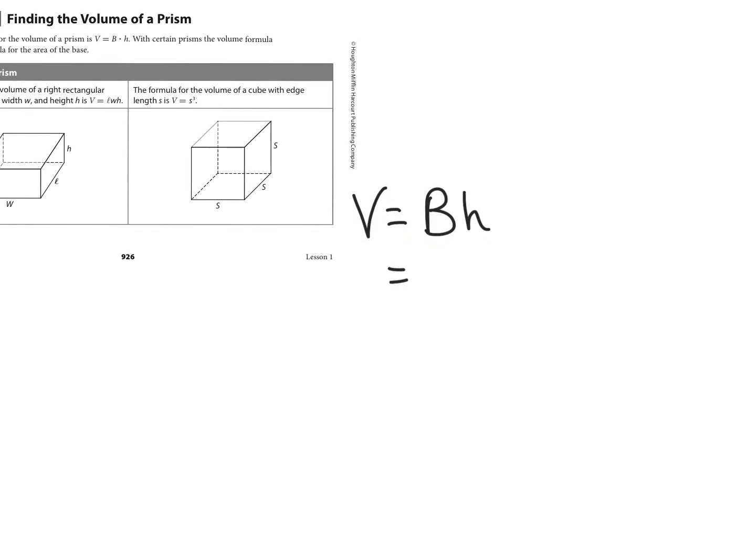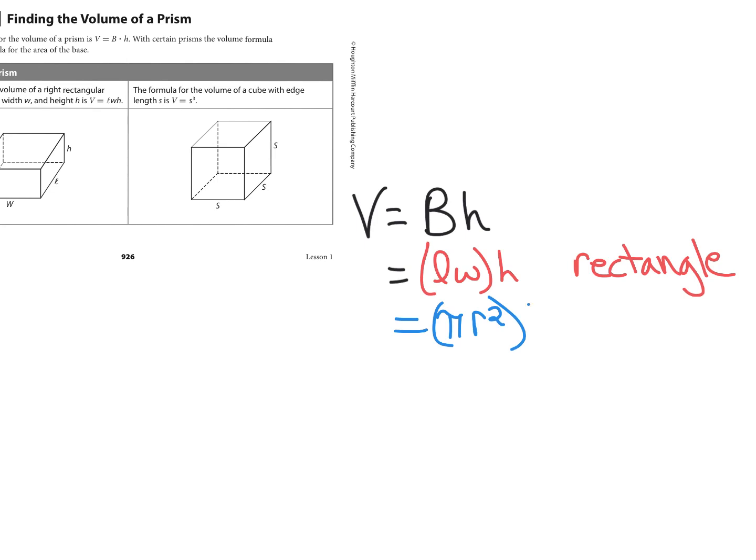So if you have a square or rectangle, it's length times width times height. If you have a circle, the area of the base is pi r squared times height. If you have a triangular base, it's 1/2 base times height times height.